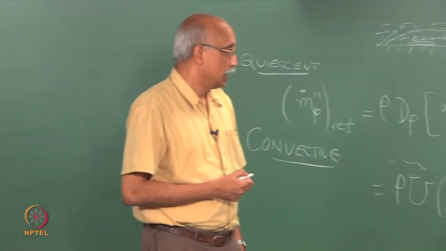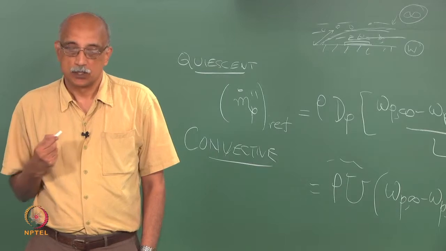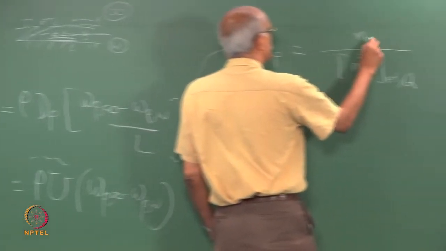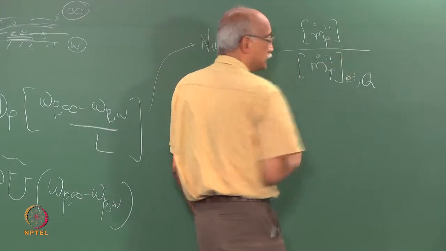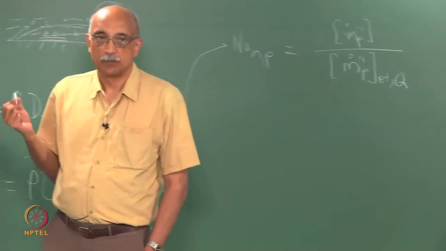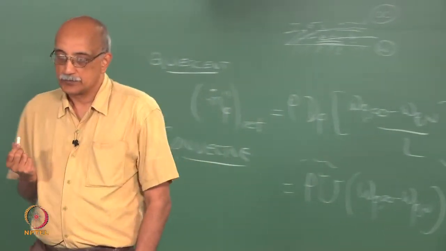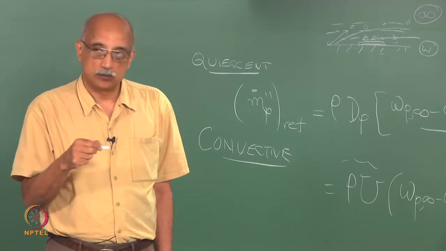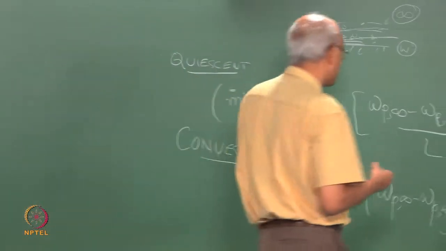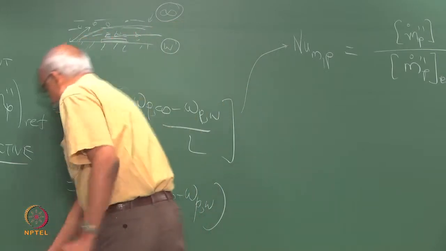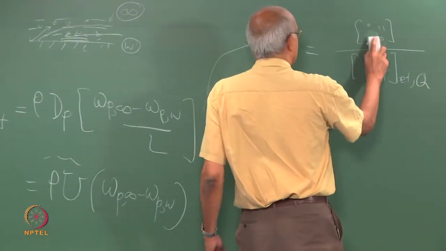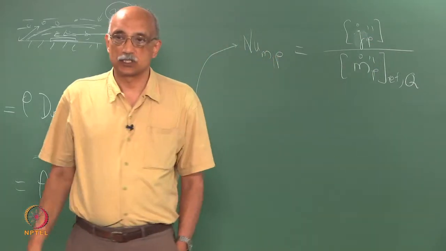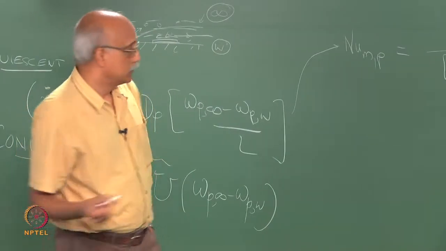So, the denominator in the case of the Nusselt number is the quiescent reference flux. In the numerator, you would think that what we should have is the actual mass flux, right, the prevailing mass flux. However, by convention, the Nusselt number is not written in terms of the total mass flux, but the diffusive mass flux. So, instead of m_p dot double prime, here we will actually use j_p dot double prime, which is the diffusive flux of mass.